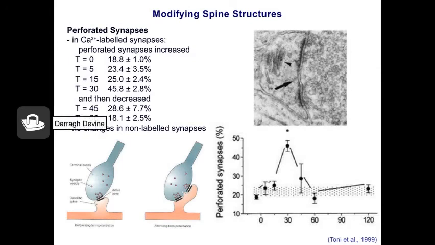Now, the principal reason they did this experiment was that neuroscientists had repeatedly reported a phenomenon called perforated synapses. They showed up rarely in these kinds of ultrastructural analyses under the electron microscope, but they were reliably observed. Nobody knew for certain what they did, but some scientists had proposed that they were a mechanism of increased synaptic strength.